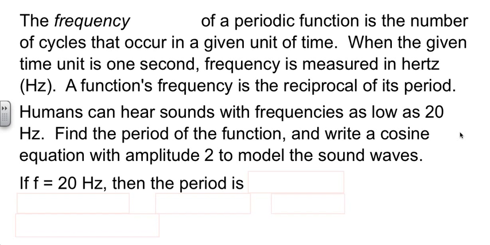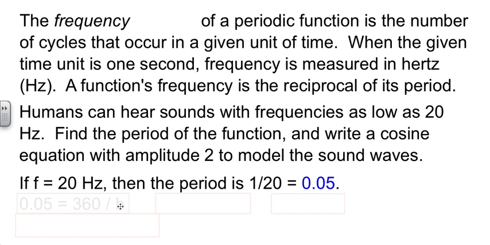Our job is to first find the period, and then they want us to write a cosine equation with an amplitude of 2 that would model these sound waves. Well, if the frequency is 20, then the period is the reciprocal of 20 hertz. 1 divided by 20 is 0.05.